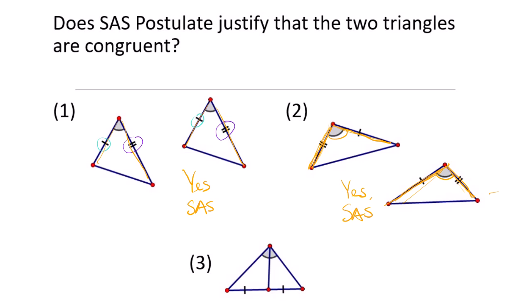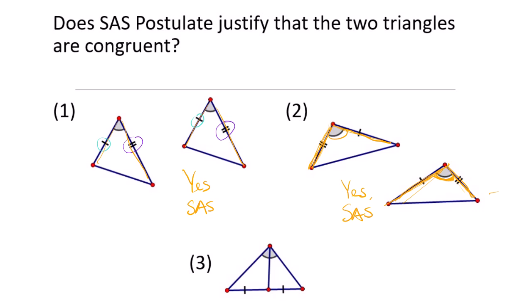And so the orientation doesn't matter, right? We can flip these around, transform them, rotate them, and so what we just need is two sides that are congruent and their included angle, and we can say that those triangles are congruent. Okay, so it doesn't matter what the orientation looks like.